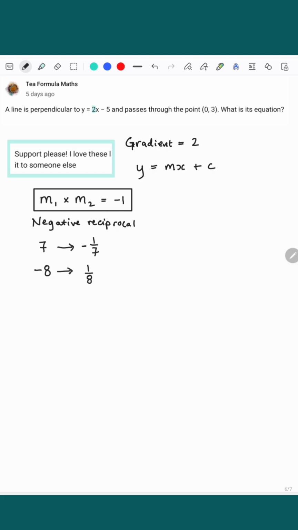But you want the negative reciprocal, so it's going to be positive. What you'll find is that it always turns a positive to a negative and a negative to a positive, and you do the reciprocal. So 8 goes to -1/8, and 7/3, for example, will go to -3/7. You get it? You flip it upside down. All right, so that's the negative reciprocal.